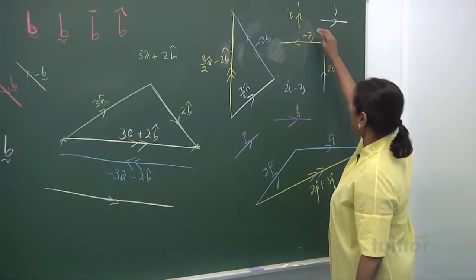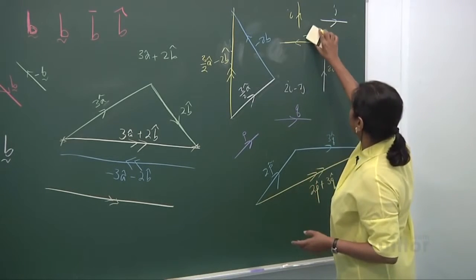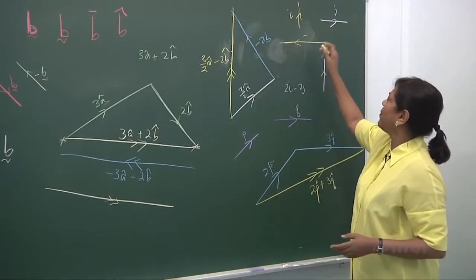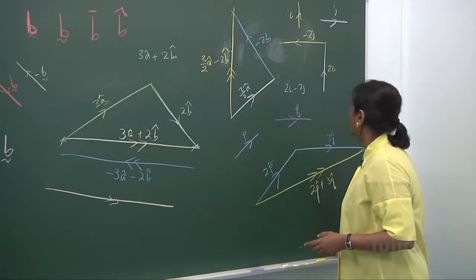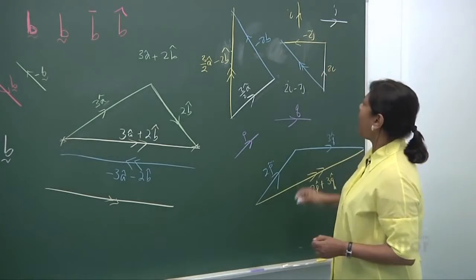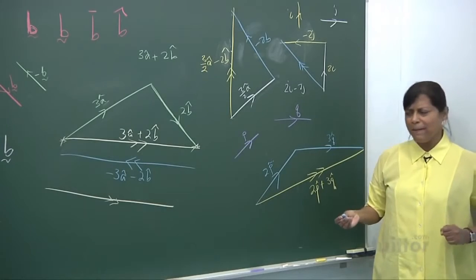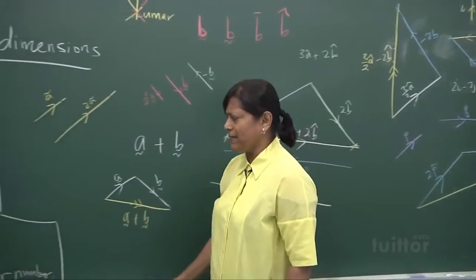So you've got 2I here, 2J that way. So your resultant vector will be this, from here to here. So you get 2I minus 2J. Got it? Great.